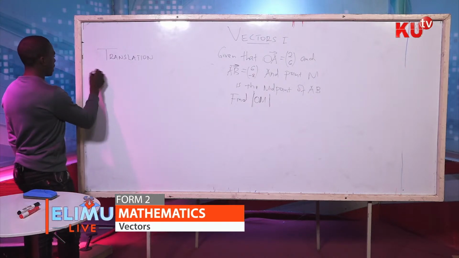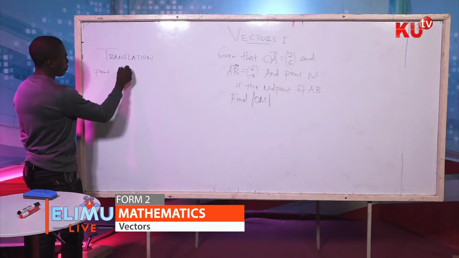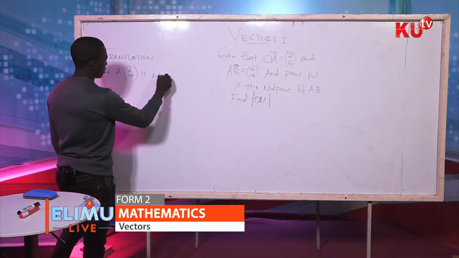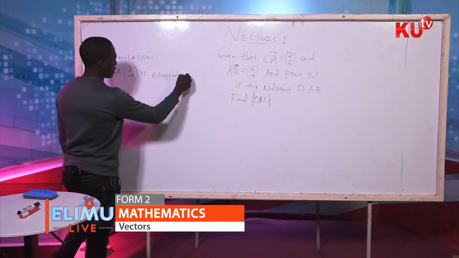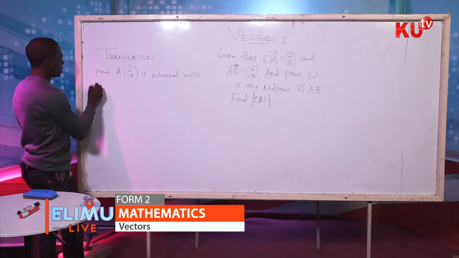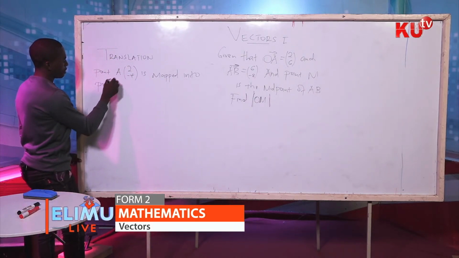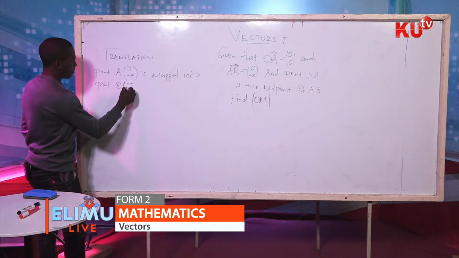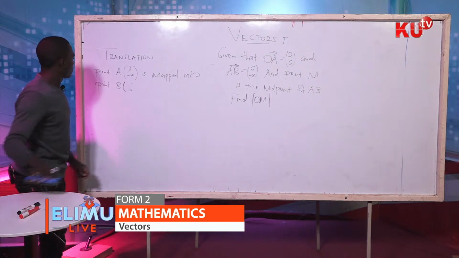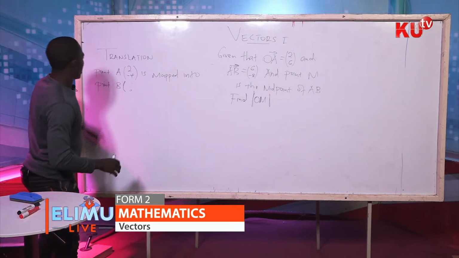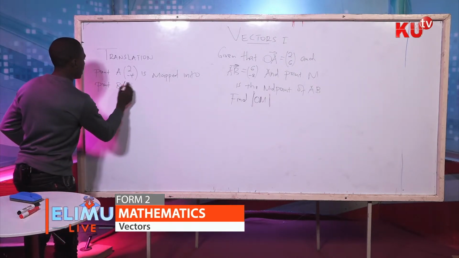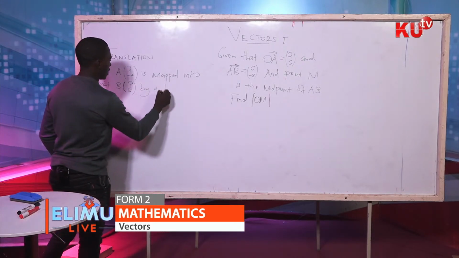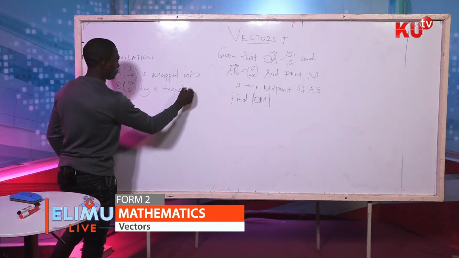So say point A with coordinates (2, -4) is mapped into point B, let's say (0, 6), by a translation T, which is unknown.